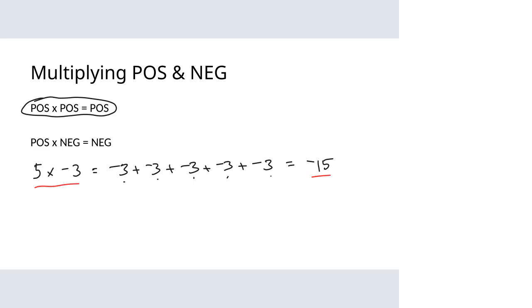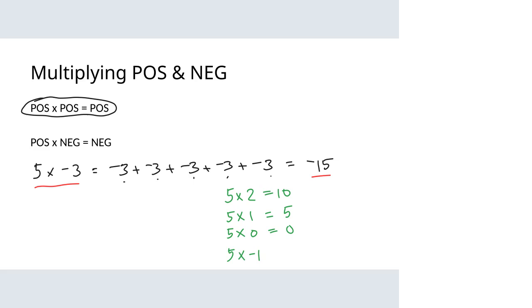Another way to look at this, rather than repeated addition, is by looking at a pattern. 5 times 2 is 10. Lower the number of 5s: 5 times 1 is 5. 5 times 0 is 0. Then 5 times negative 1.